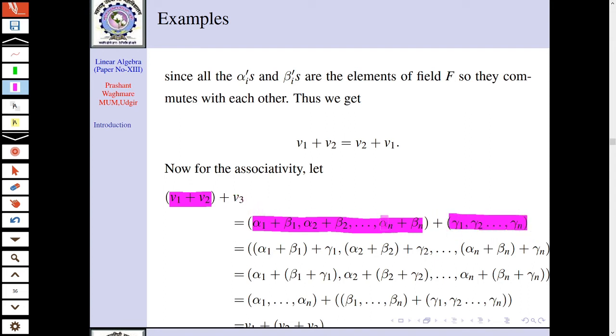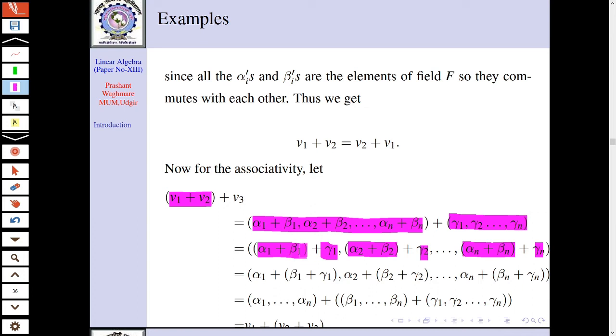Now as this is one element of V and this is another element of V, one can add these coordinate-wise again: alpha 1 plus beta 1 plus gamma 1, comma, alpha 2 plus beta 2 as it is plus gamma 2, and so on, dot dot, alpha n plus beta n in bracket plus gamma n. Now again one can observe that these alpha 1, beta 1, gamma 1 are elements of the field, but in the field with respect to addition it is an abelian group, so it must satisfy associativity.